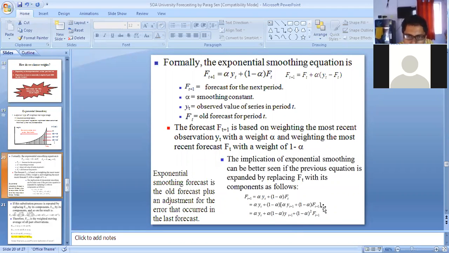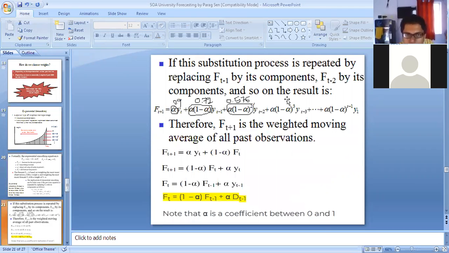If you multiply these things, you will get these kinds of values. Again, F(t-1) you can replace using F(t-2), so ultimately you will end up with this kind of equation.